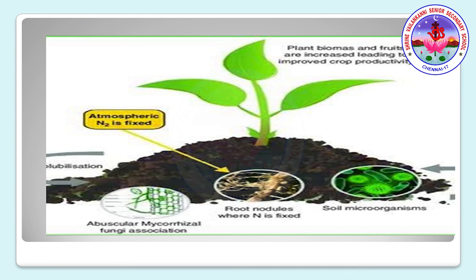They help to fix atmospheric nitrogen and increase the organic matter of the soil through photosynthetic activity. Examples are Nostoc, Anabaena, Oscillatoria, etc. So these blue-green algae increase soil fertility by adding organic matter to the soil. That's all about biofertilizers and the microbes which help as biofertilizers.